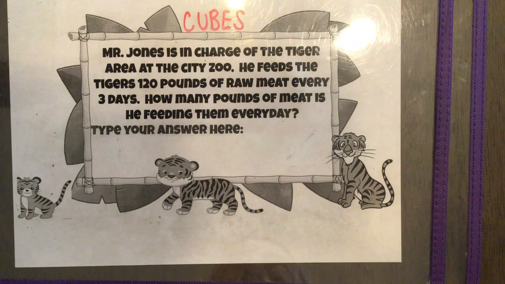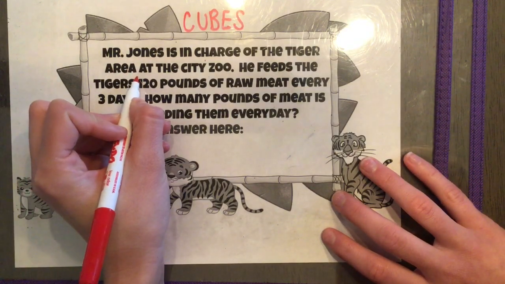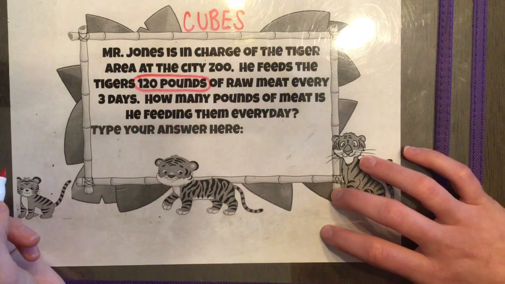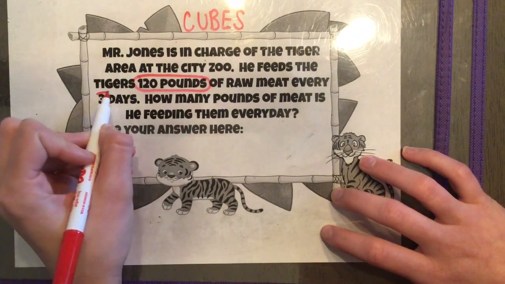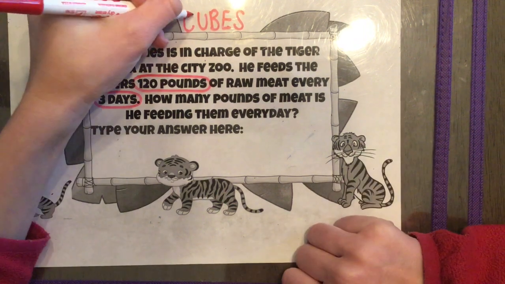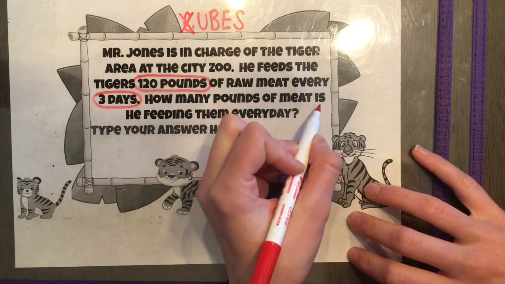Okay, so the first thing that I want to do when I'm using CUBES is circle my numbers, okay? I'm going to circle 120, and I'm going to circle the word pounds with 120, and then I'm also going to circle 3 days. So I have circled my numbers, and then I'm going to go ahead and underline my question.